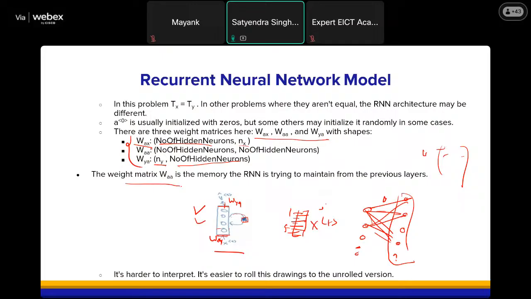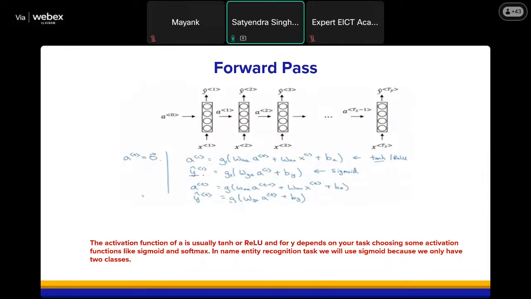The WAA is basically the memory the RNN is trying to maintain from the previous layer. It is harder to interpret this one, so it is easier to have a drawing of the unrolled version, where you have input given to the RNN unit, you get the output, and it also takes the context from the previous sequence, previous words.